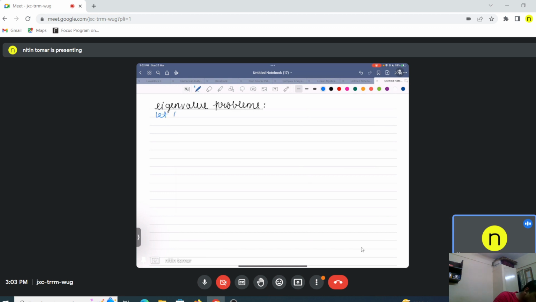Let A be an n cross n matrix with real entries. As we are already assuming in this course, A is always a square matrix whose entries are coming from the real numbers.